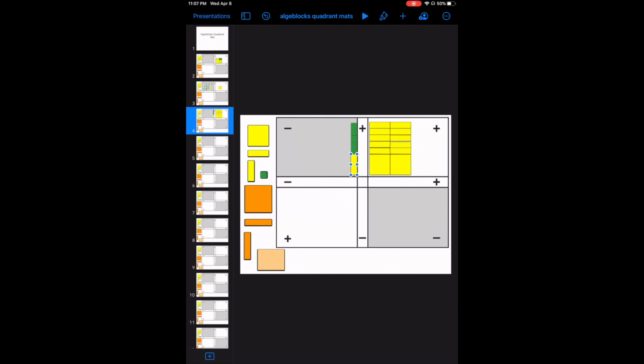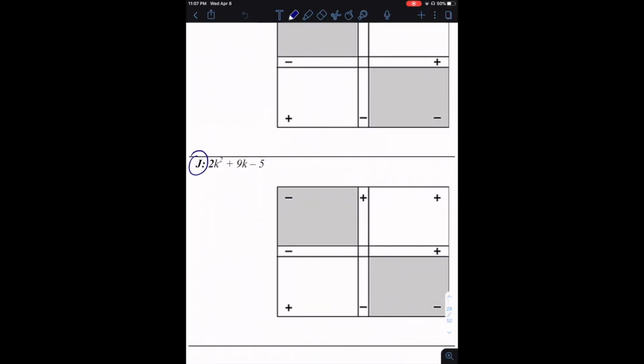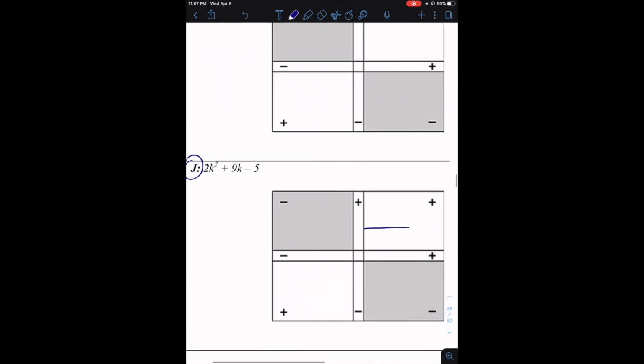So let's go back to our picture. So if we have 2k squared, and we decided that we tried the other way and it didn't work.